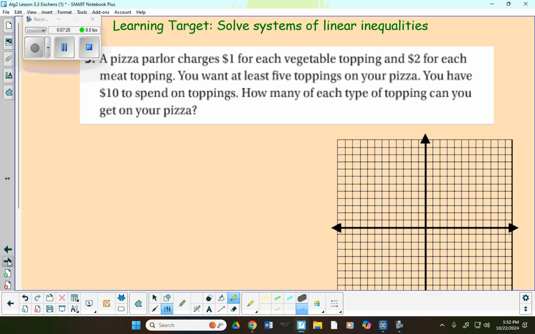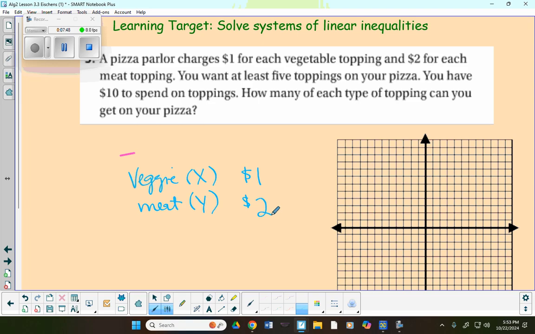So we have veggie toppings and we have meat toppings to choose from. So we'll call this X and we'll call this Y. Now, what do we know? It costs $1 for each vegetable topping, and it costs $2 for each meat topping.